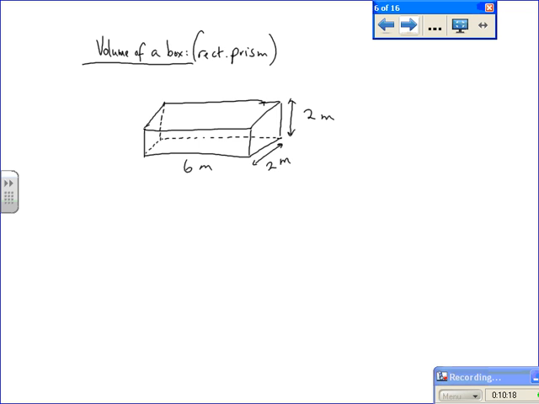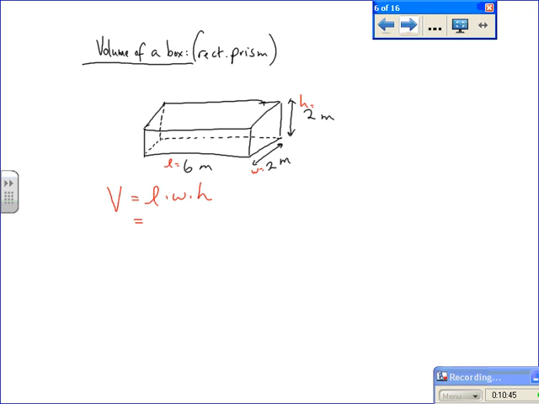And so for the volume of this, I recognize that it's a rectangular prism, and so I follow that formula: length times width times height. And if you label them on your diagram, that's great. Again, you're recognizing that you're going to be multiplying all three of those dimensions together. But we could go ahead and label them. There's my length of the box. There's my width of the box there, 2 meters. There's my height, it's also 2 meters.